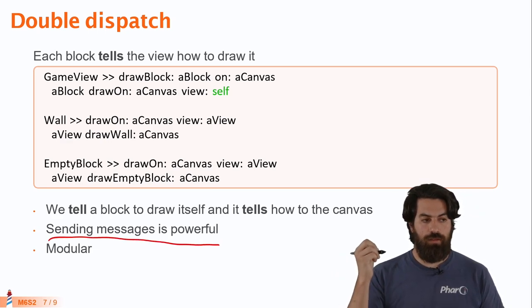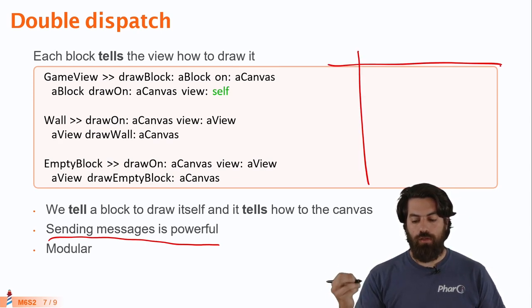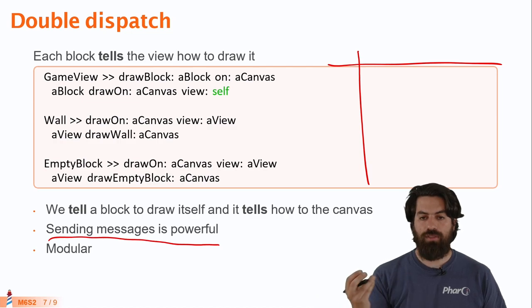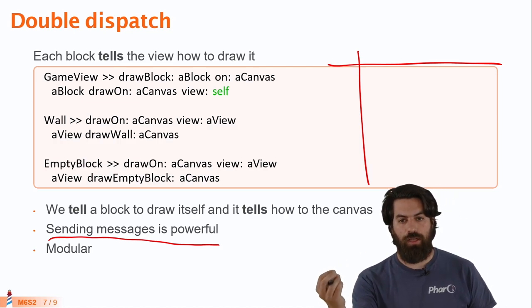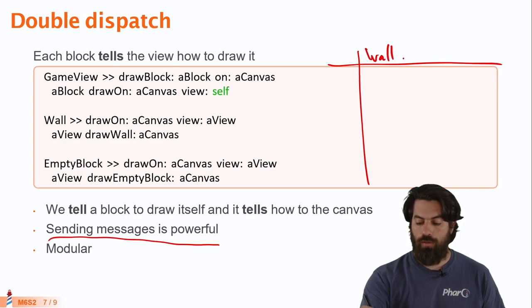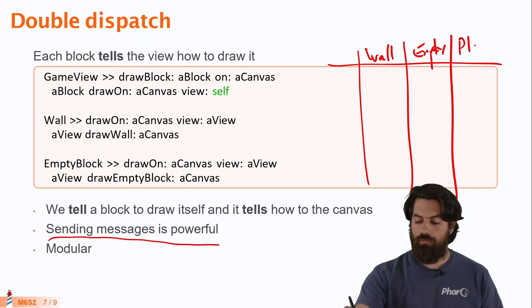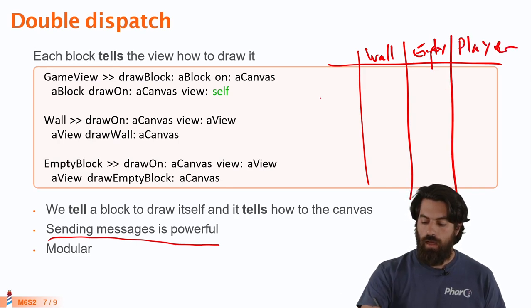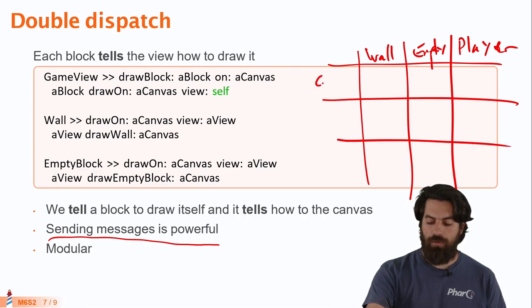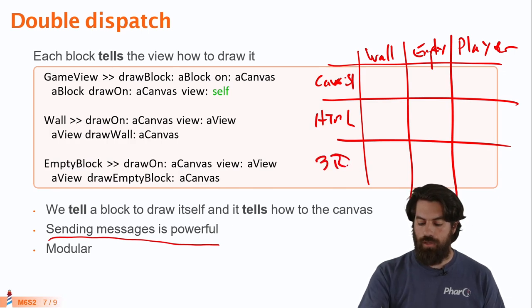What I told you is that double dispatch doesn't need to be symmetrical. You need to look at double dispatch like a matrix. In this case, for example, we have all the different kinds of blocks: walls, empty blocks, players, and then we have all the different canvases: canvas 1, HTML, 3D.